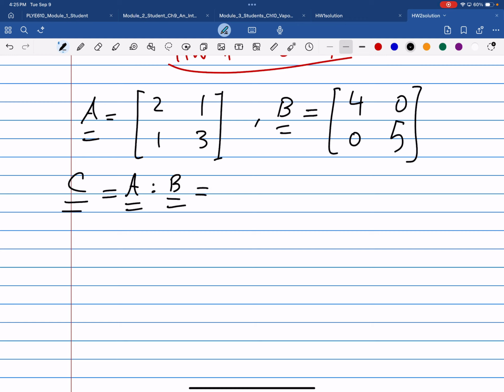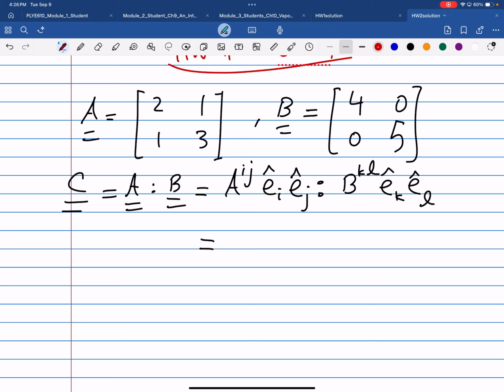If A is represented as A_ij e_i e_j, and B is B_kl e_k e_l, right? If you follow the Einstein summation, what is going to be here? Basically you have a couple of dot products.